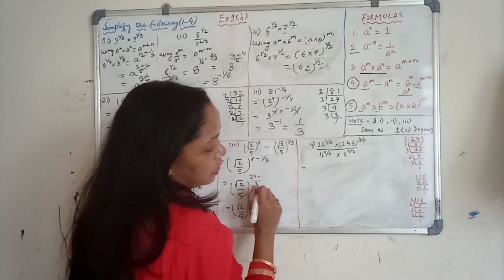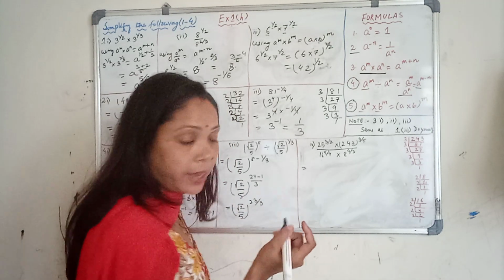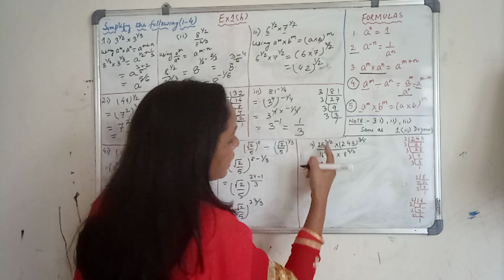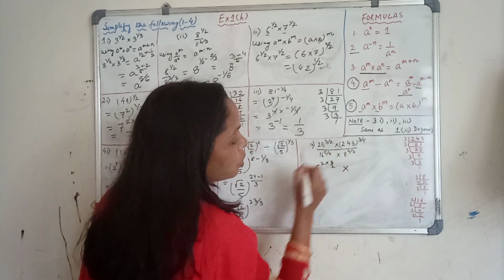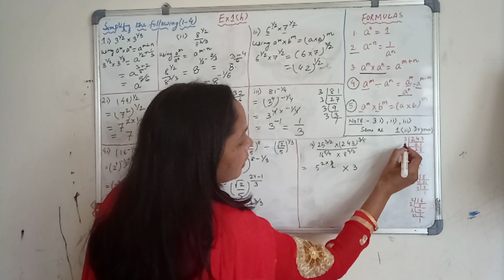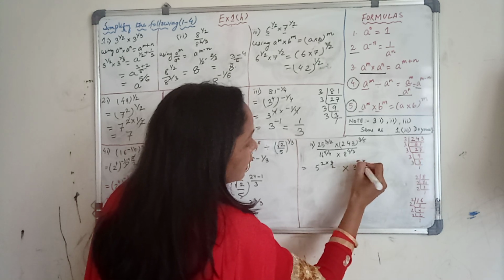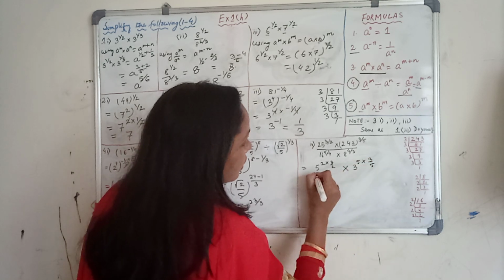Now the last one, for part question number 4. 25 power 3 by 2. Do the prime factorization of 25, which is 5 square. 5 square into another power, which is 3 by 2, into 243. Do the prime factorization. We'll get here 3. How many times? 1, 2, 3, 4, 5. 5 times, into the another power which is given in the question, 3 by 5.